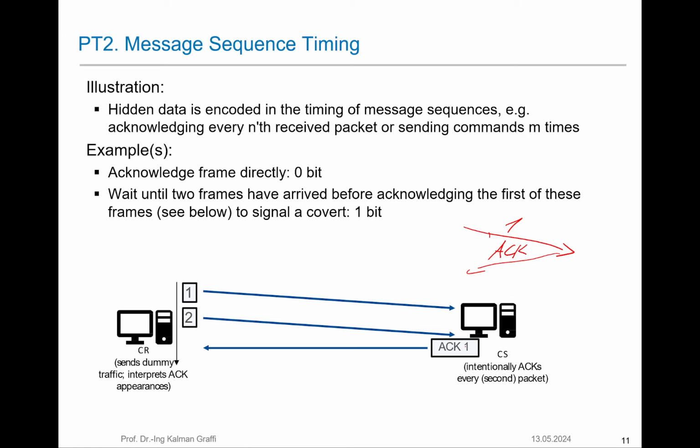Either you acknowledge directly, or you wait for 2 packets and you acknowledge the last one. Both are valid. You can in TCP do both, and not just TCP, but also other layers. Answering directly might be a 0, and answering with a small delay and acknowledging 2 packets at the same time can be another bit.